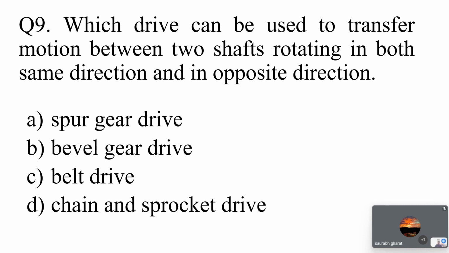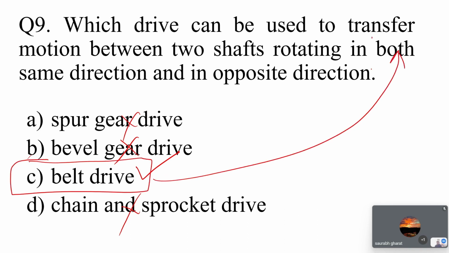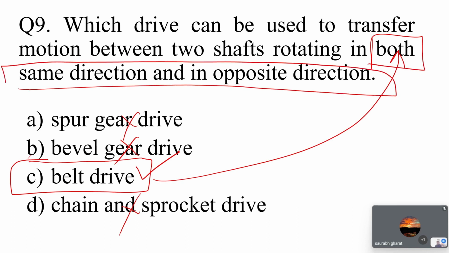Both is a very important part, so you must know this. If you go from literature, the spur gear can't transfer in both directions, neither can the bevel gear. Only belt drive can. Neither can sprocket and chain, it will entangle everything. What is important here? Both same and opposite direction. Only belt drive can do this part. So belt drive is the correct answer.